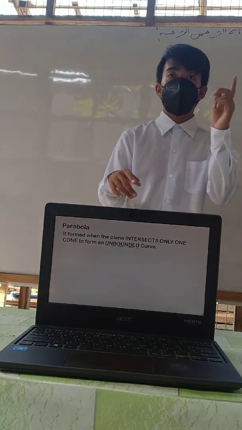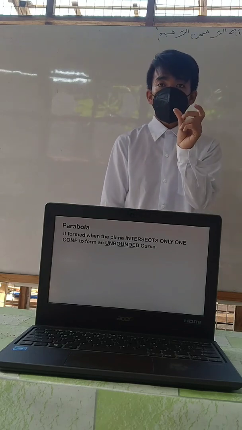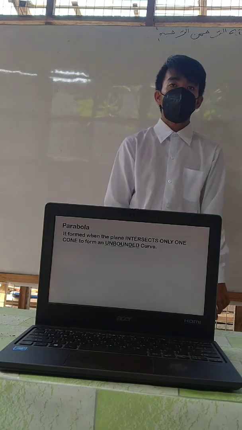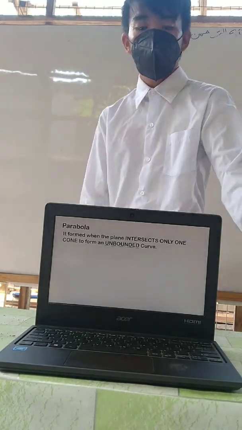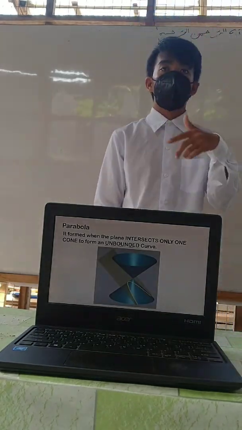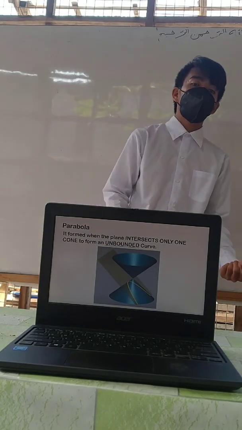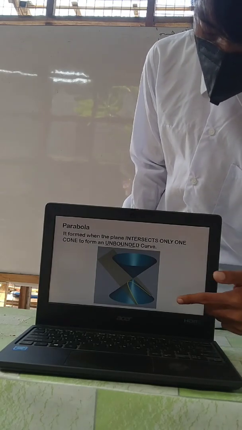What is the difference of ellipse and parabola? Ellipse is a bounded curve. The parabola is an unbounded curve, which is not closed, it is all open. It's like a half circle.